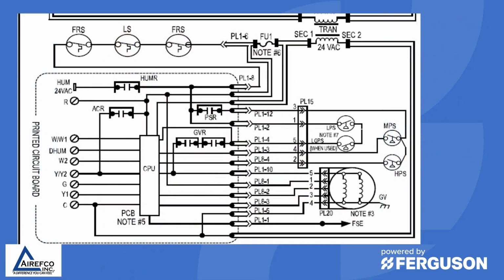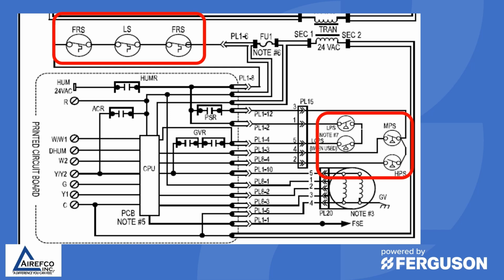So one of the common calls that we get in tech support regarding safety switches is that the technician has checked the continuity of the switch, and if the switch is supposed to be closed, they confirm with a voltmeter that the switch is closed, but the furnace is still flashing a code that shows that the flame rollout or the limit switch or a pressure switch is still open, and they question what is going on.